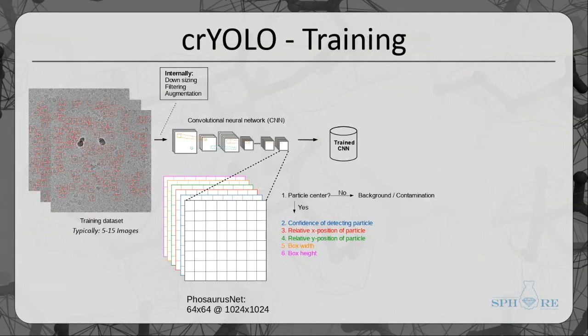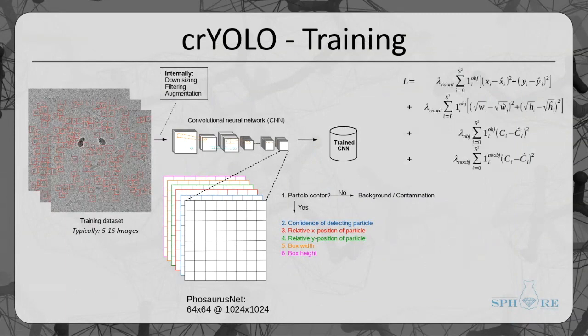The first layer asks, does the region I'm responsible for contain the center of a particle or not? If this is the case, then the second layer estimates the confidence that there is a particle. The third and the fourth layers are estimating the size, the width and height.